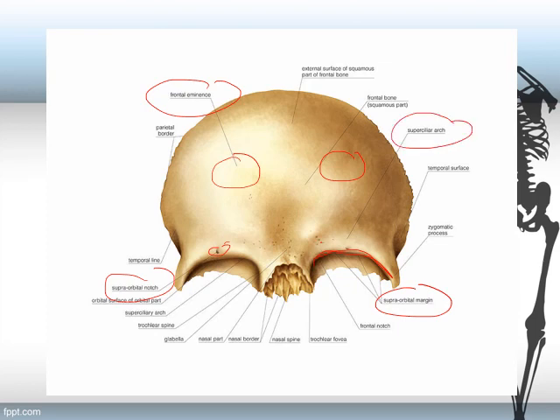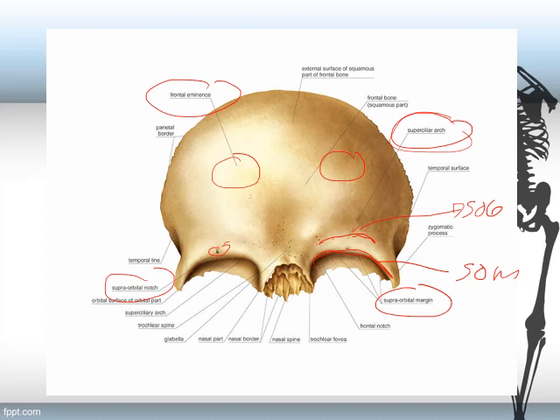Ito siya. Superciliary arch or superciliary ridge, ito sa may kilay mismo. Sa taas niya, we have the supraorbital groove. Okay, SOG here, we have the SOM, then we have here the superciliary arch or superciliary ridge.